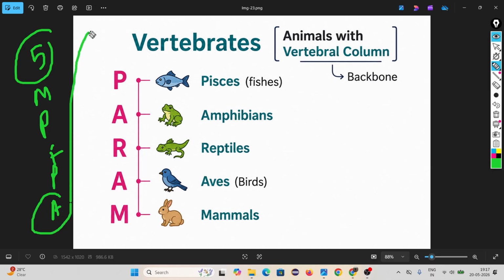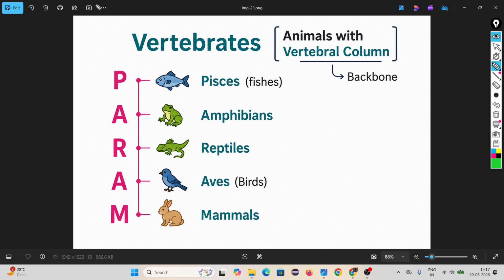Again, Animalia is divided into many types, like Protozoa, Coelenterata, Platyhelminthes, Nematohelminthes. And among them there is a category called vertebrate. Vertebrate is nothing but our vertebral column, the backbone. The organisms which have a backbone are called vertebrates. Vertebrates are of five types.